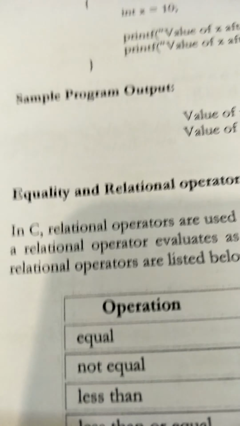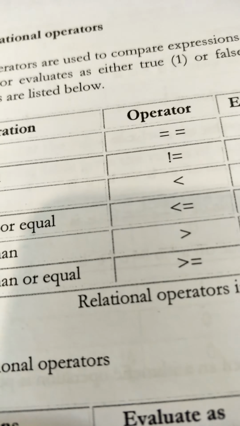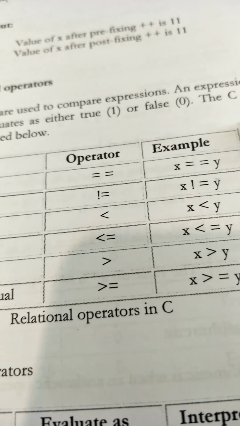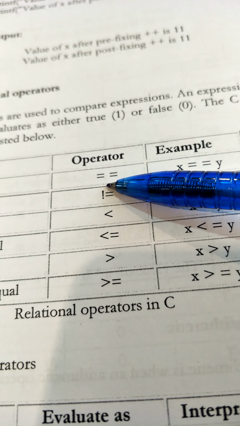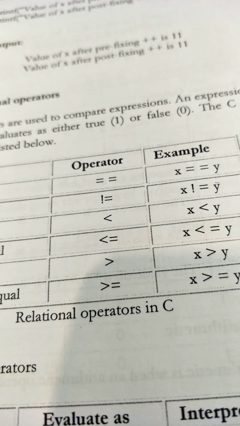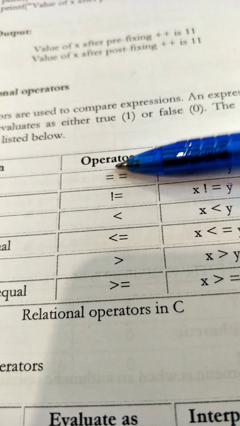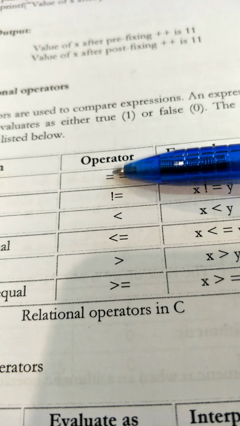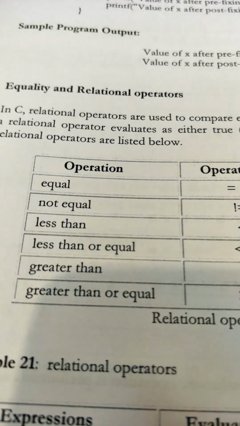Okay, for the equality and relational operators, in C for equality we use this double equal. For example, if you use a statement for if, if x equal to y, let me give you some idea, I haven't gone to if yet.